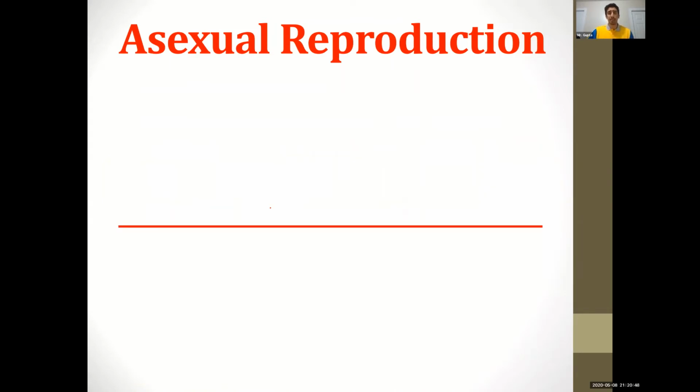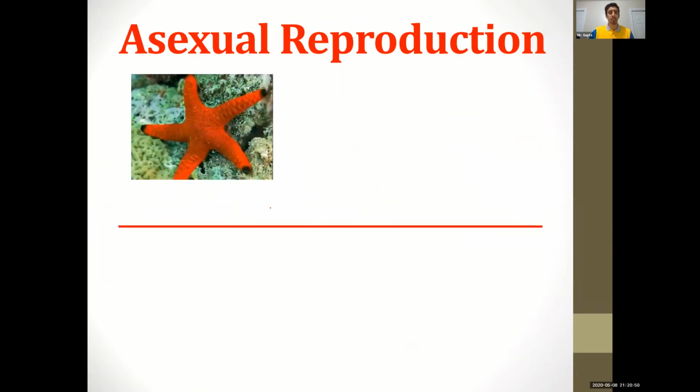To give another example of asexual reproduction, let's look at this image of a red starfish. Sometimes when starfish are in the ocean, they can get attacked by predators such as fish or eagles. And that eagle or fish might rip the starfish in half.